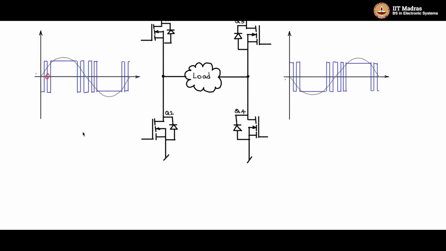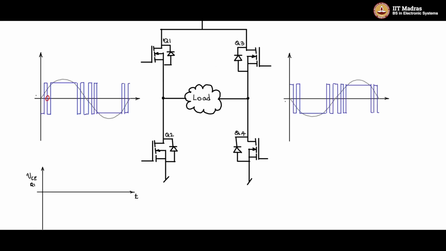So let me make some space here. Let me draw two axes, time axis. One I will call VCE Q1, the voltage across Q1 VCE. This is the collector emitter. It is a drain and source in the case of MOSFET, but I am using collector emitter in a very general sense, because this switch can be a BJT where you are talking of collector emitter and the base.